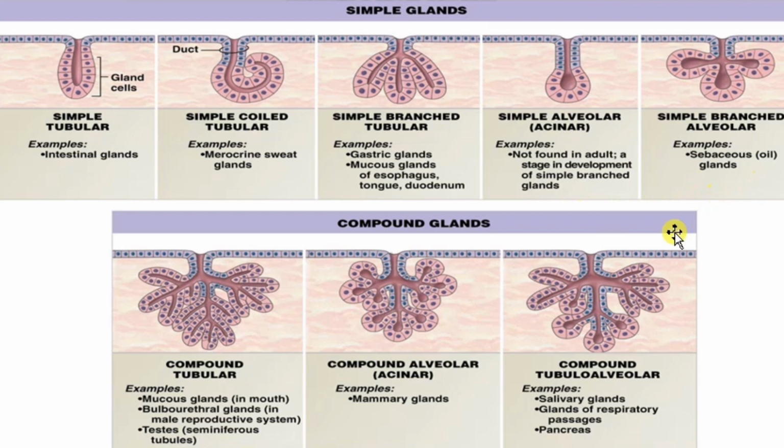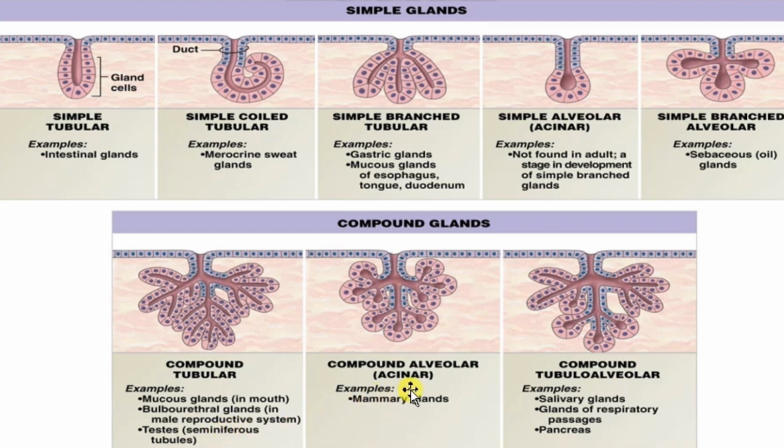Next you can see compound glands. Okay, in compound glands you can first see it's a complex structure. As you can see here, it's found in the mucus glands in mouths, bulbourethral glands in male reproductive system, not in female, in testes, seminiferous tubules.